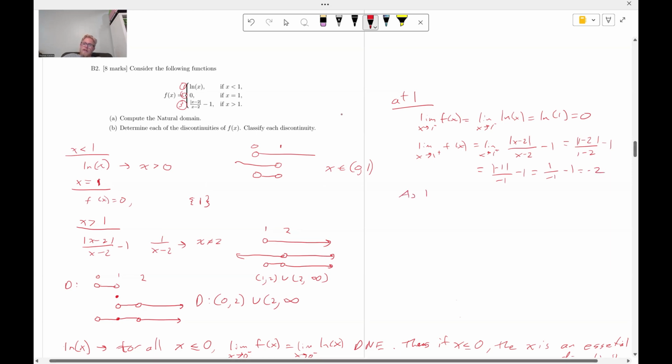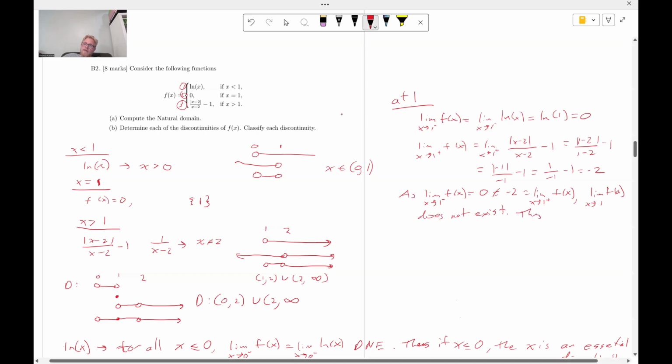The limit as x approaches 1 from the negative of f of x equals 0, which is not equal to minus 2, which equals the limit from the positive of f of x. The limit as x approaches 1 of f of x does not exist.